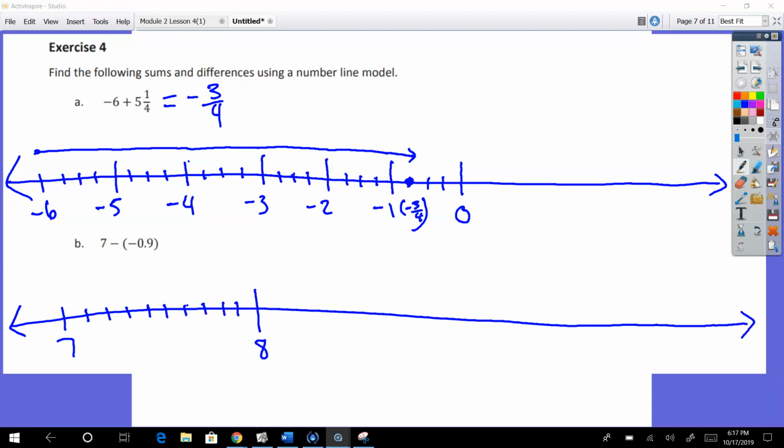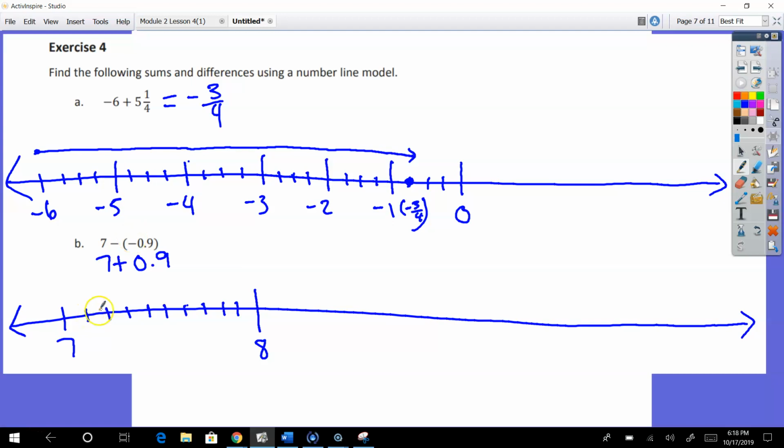Okay, so on this one we had tenths, 9/10, and so we needed to first rewrite it. 7 plus 0.9, adding the inverse. And so we broke our line up into tenths.